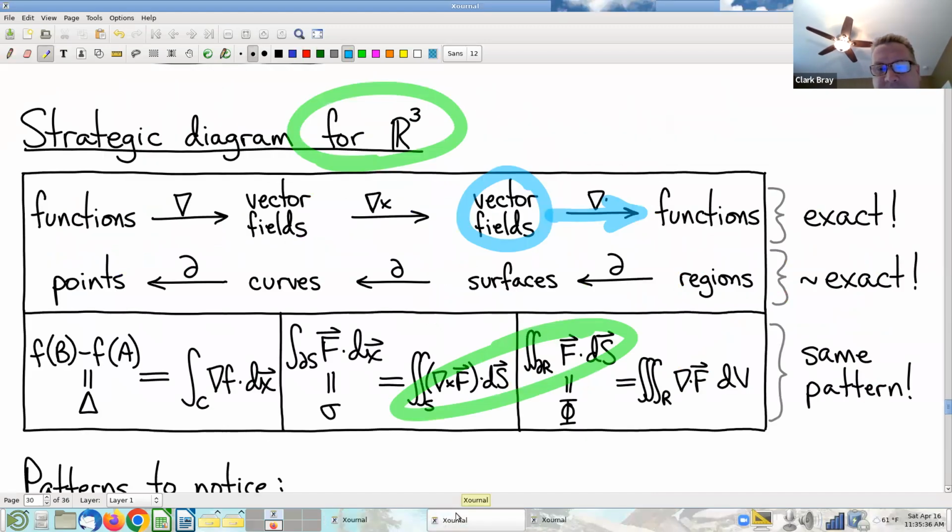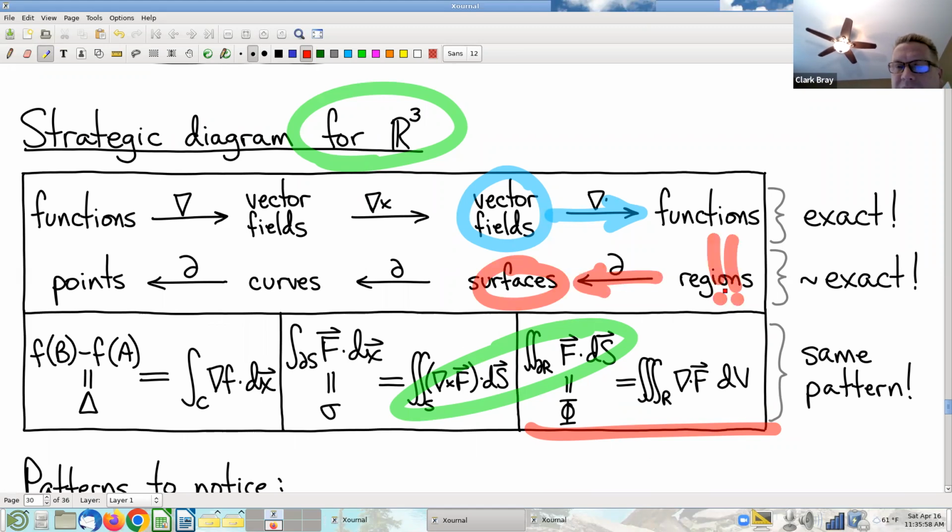Going over to the diagram, sometimes fluxes are triple integrals. But remember, these theorems come with conditions. There's conditions on using the divergence theorem. To use the divergence theorem, your surface has to be a boundary of a region.